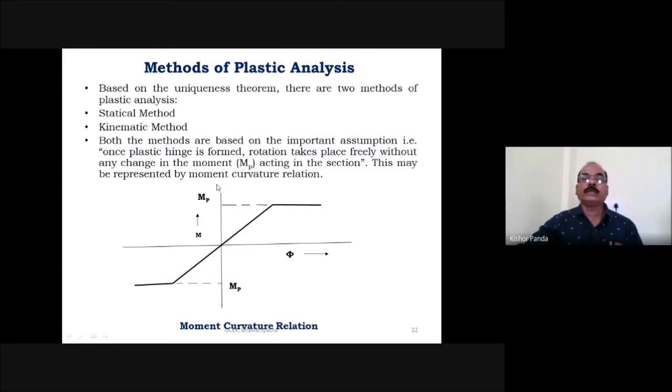This may be represented by the moment curvature relation. Here the moment increases as the curvature increases, and then the plastic moment remains constant even as the curvature keeps increasing.